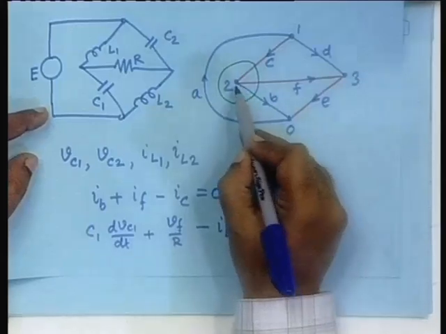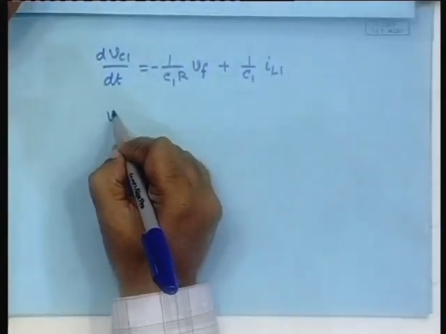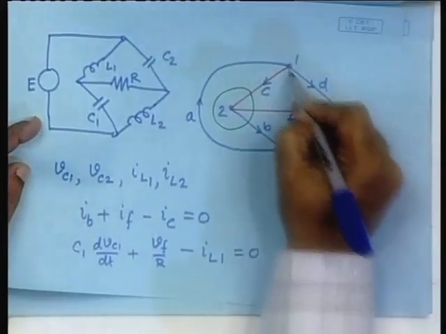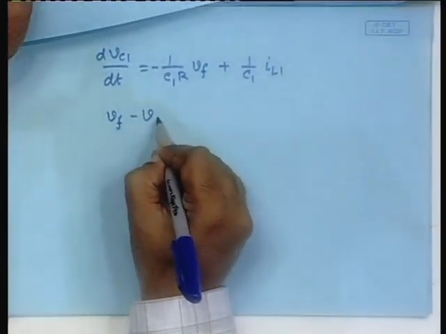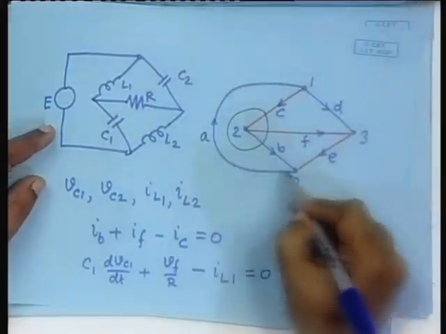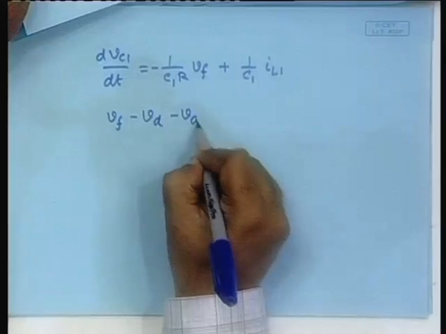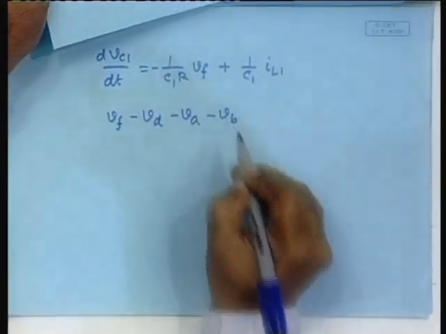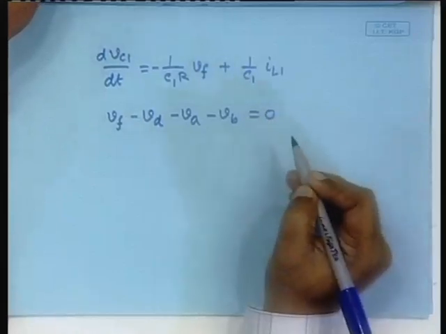So, write down the equation for that. Let us start from here. So, it is VF minus VD minus VA minus VB equal to 0, fine.